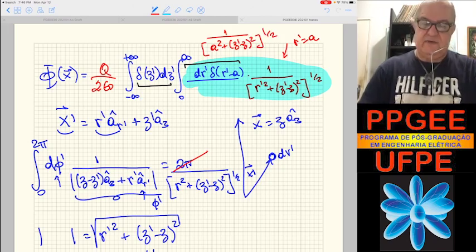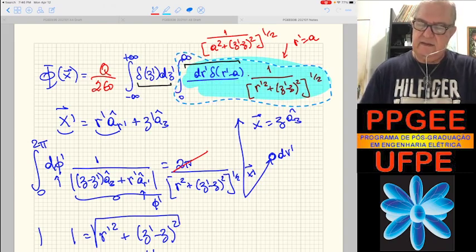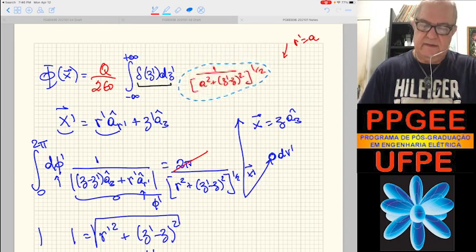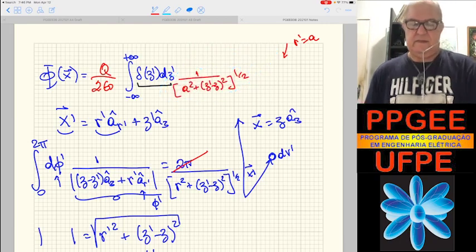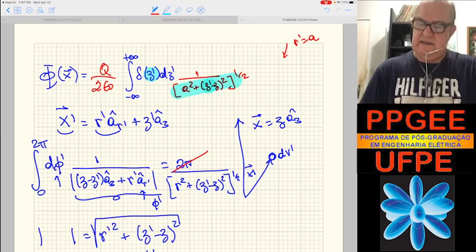Okay, so let's erase that. I mean, the integral as a whole, just remove that and put this thing here in place. Now erase this thing here. So the final integral is the integral of a function of z prime, which is right there, times delta of z prime. So it's going to be the value of the function, which is this one, at z prime equals 0.